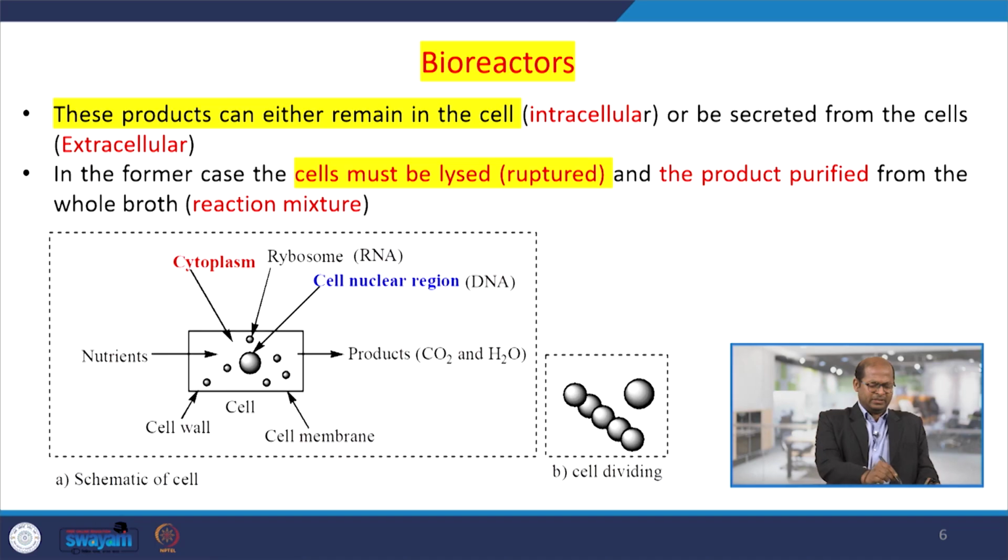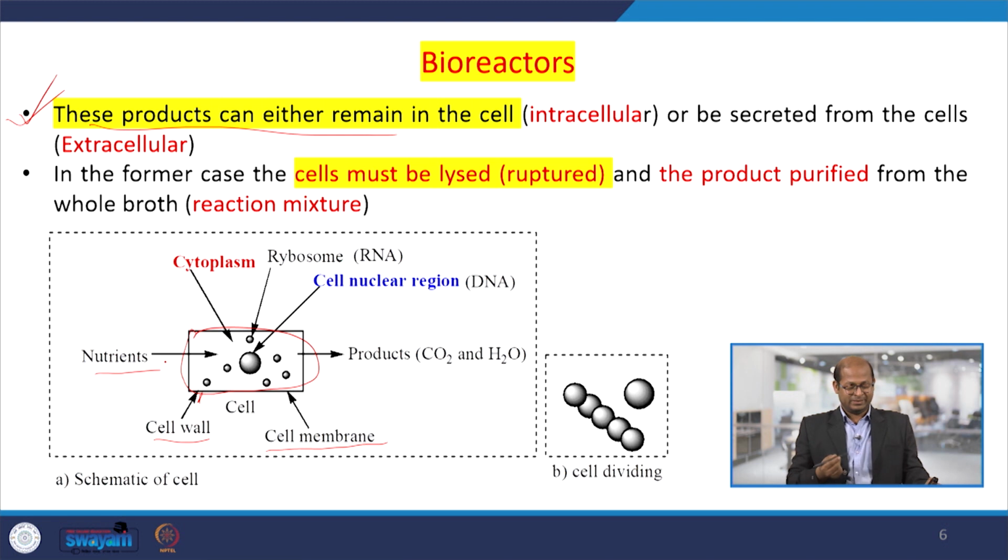Here I am showing a diagram of how the product may form, a schematic of a cell. This is the cell wall, this is the cell membrane, and here we supply the nutrients that go inside the cell. This is the ribosomes, and this is the cell nuclear region.